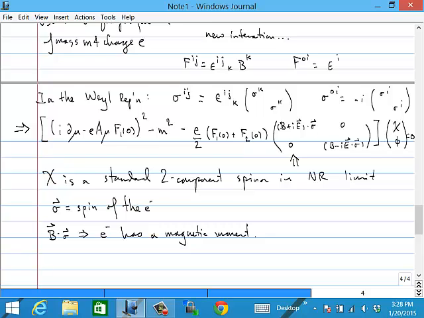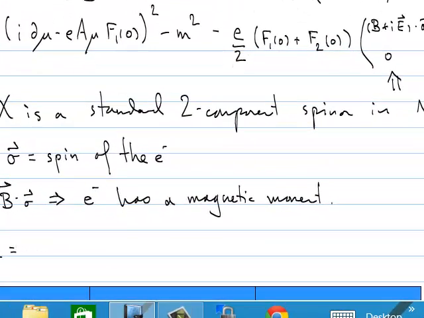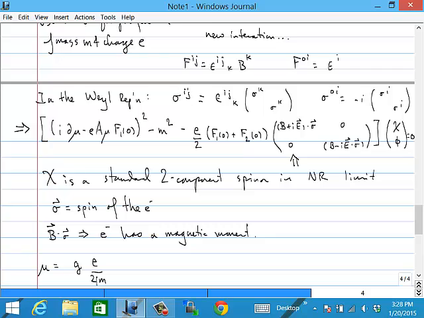In particular, we usually characterize a magnetic moment by a parameter mu. So the magnetic moment is usually denoted mu, and it's usually characterized by a parameter g, which is called the Landé G factor. So this is just a rewriting of the coefficient of B dot sigma in terms of a new parameter g.